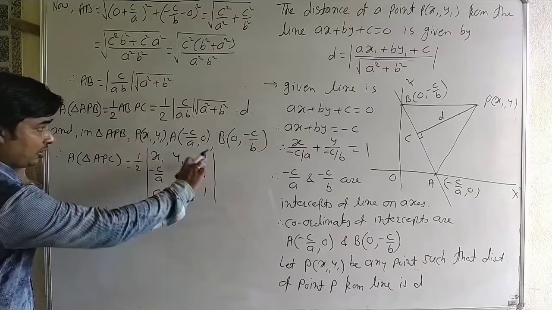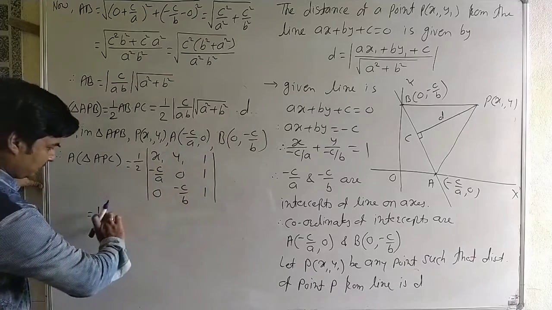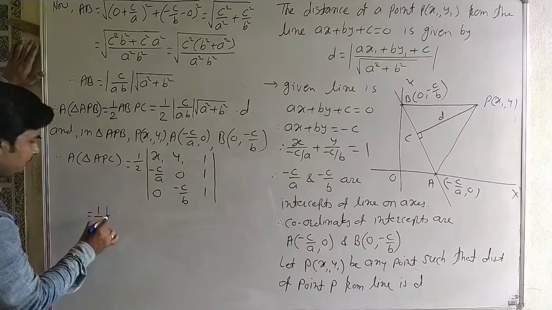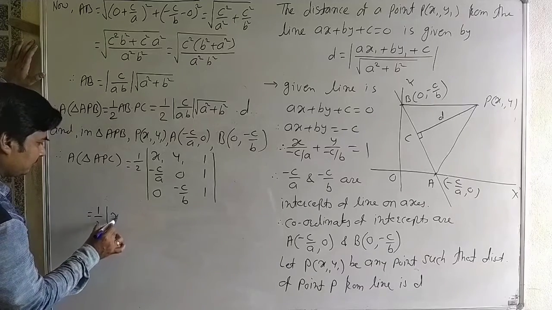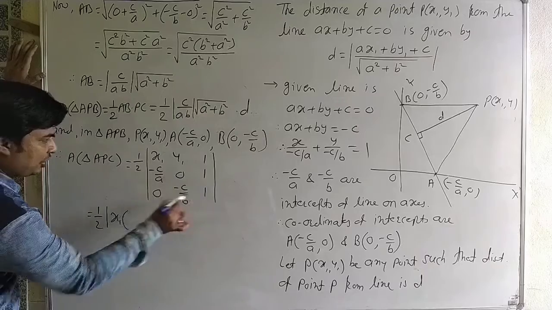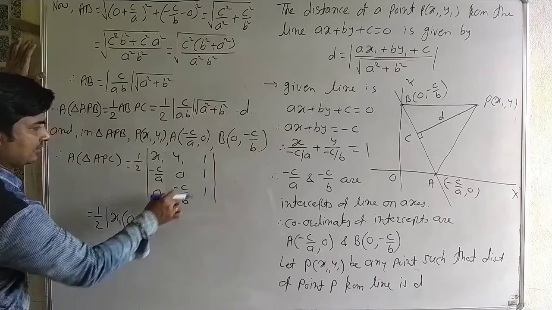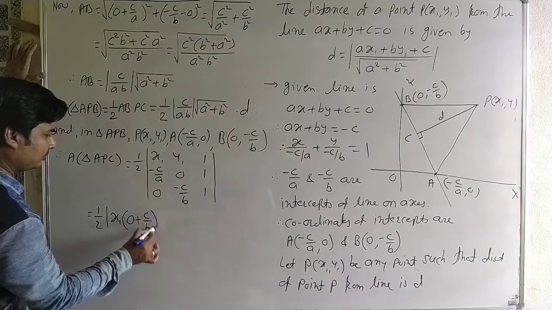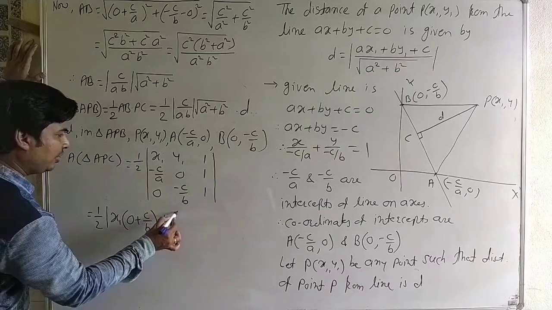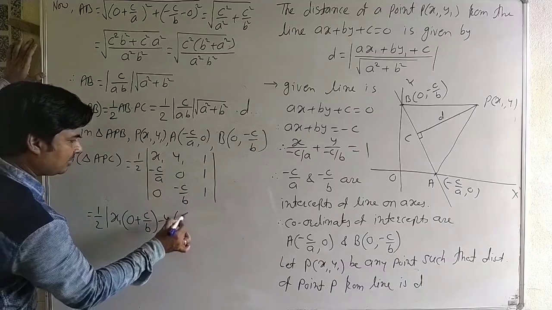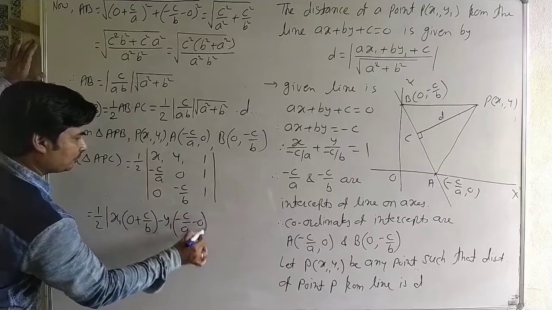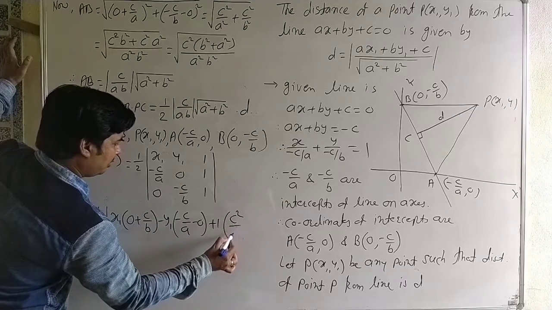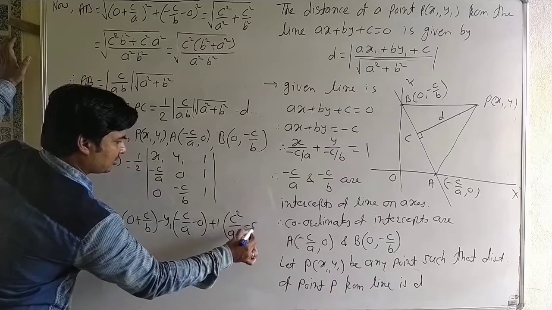It is a determinant, it is a arrangement of numbers in rows and columns. Now we can write it as a single number in the form of addition and subtraction. Now it is x1 into 0 minus minus C by B, that is C by B, minus y1 into minus C by A minus 0, and plus 1 into C square upon AB minus 0.